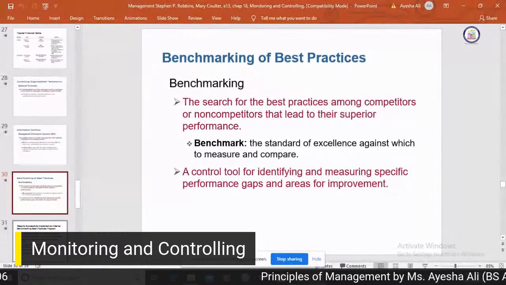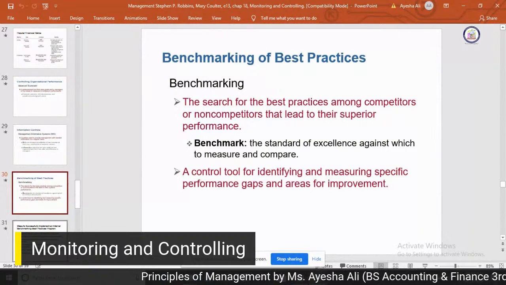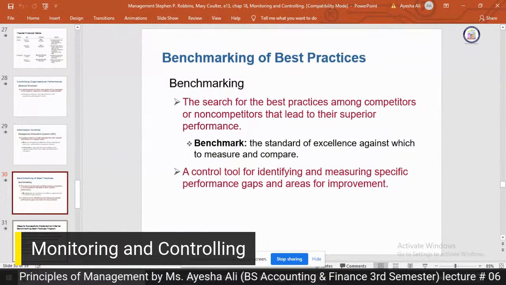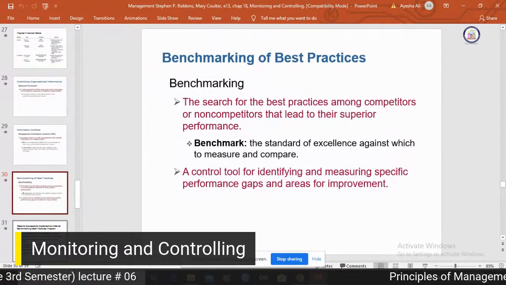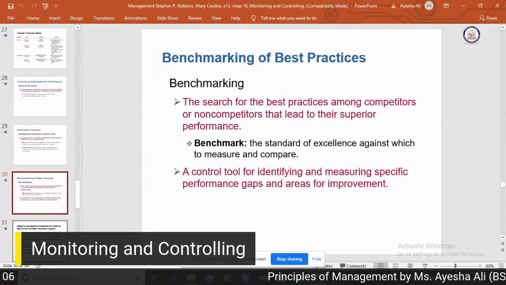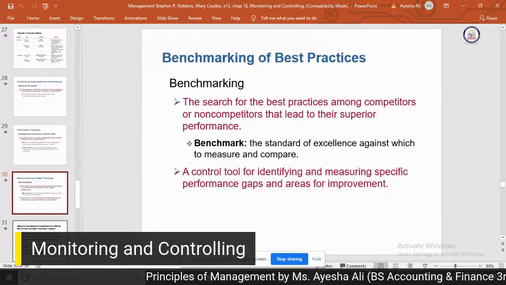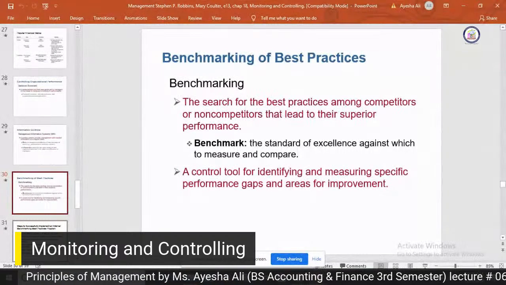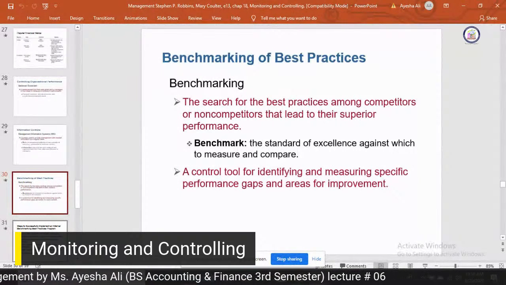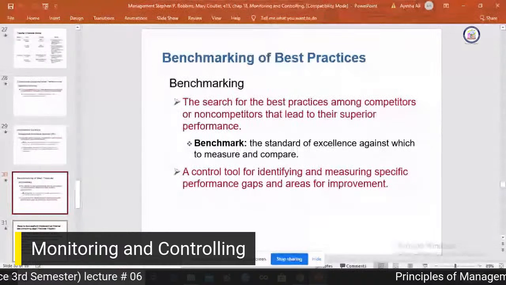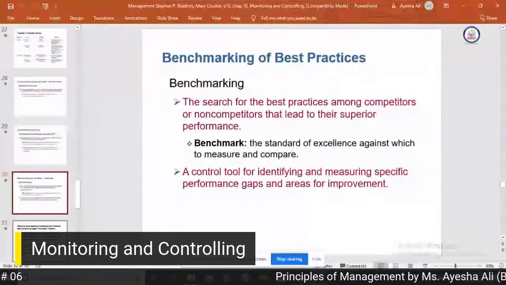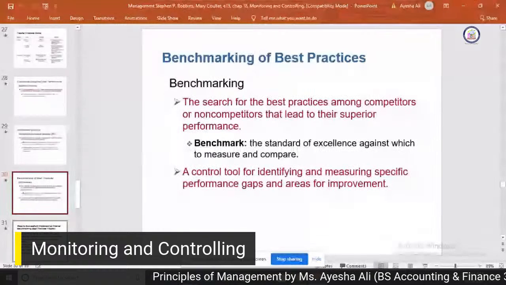Basically, we set some standards, and with that standard, we compare our current situation. We look at our performance, whether we are growing and whether we are achieving it or not, how far we are and how much we have to achieve.